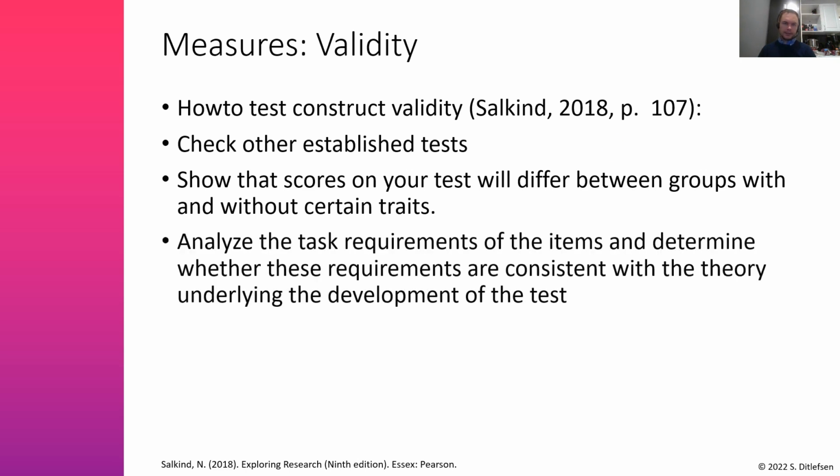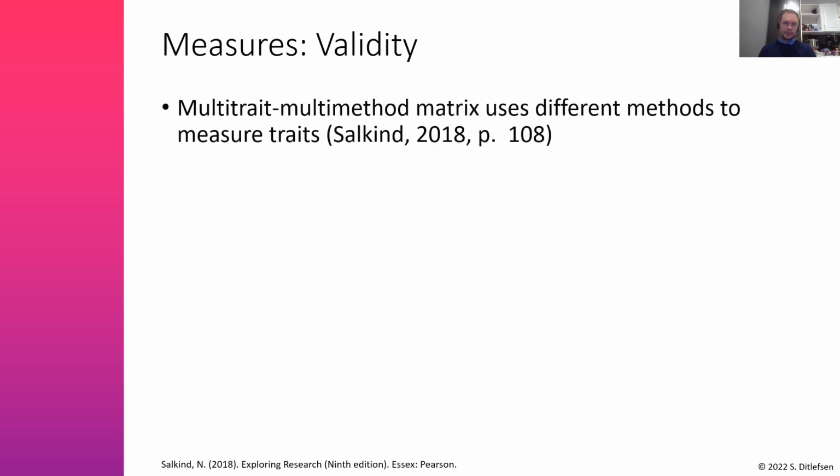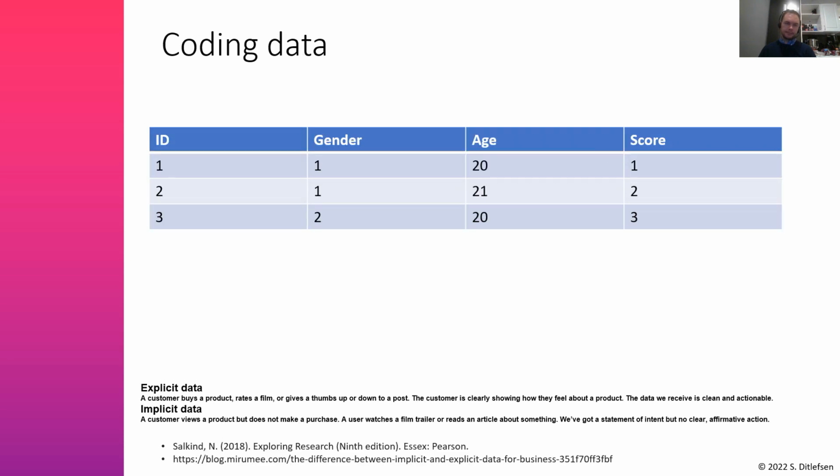We need to analyze the task requirements of the items and determine whether these requirements are consistent with the theory underlying the development of the test. Okay, next is the multi-trait, multi-method matrix, and that uses different methods to measure traits. Okay, we are done with validity.